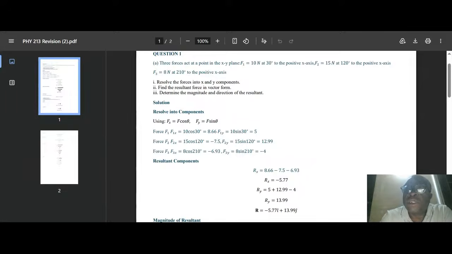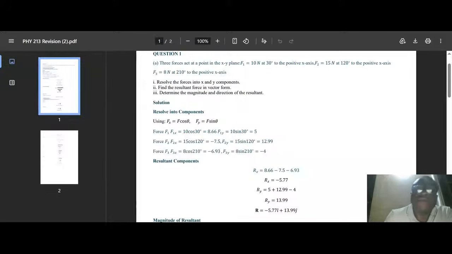So the three forces, we first of all resolve them into x. For example, F1, we can resolve it into 10 Newton cos 30. Then F2 will be 15 Newton cos 120, and F3 will be 8 Newton cos 210.